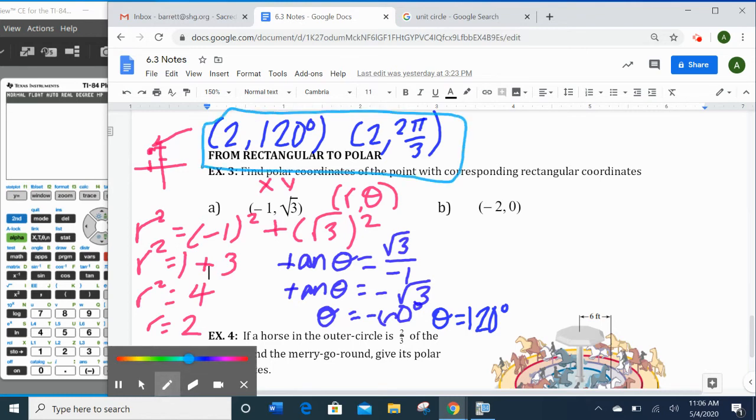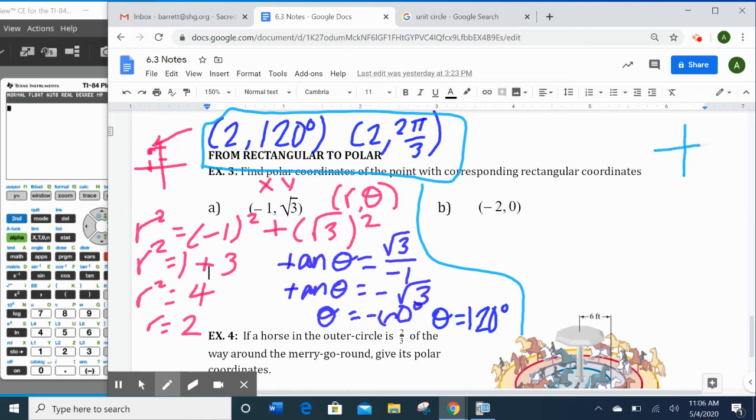So if you want to pause the video and try B, and then we can talk about it, we can do that. I am going to start by graphing this point just to have an idea of where it is. So -2 comma 0. I want to know what are the polar coordinates of that point. It'll probably say let r be positive and let theta be between what I just talked about.